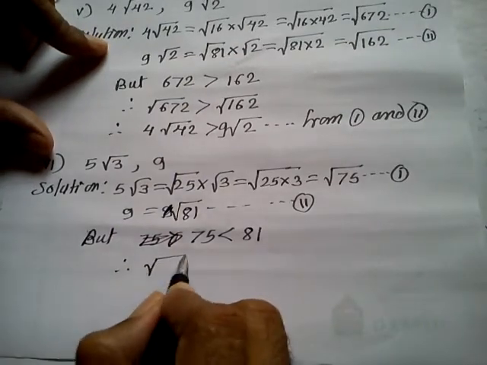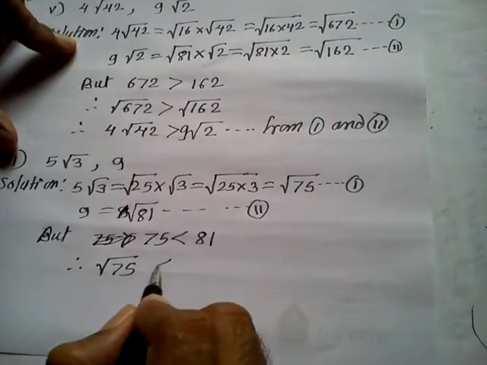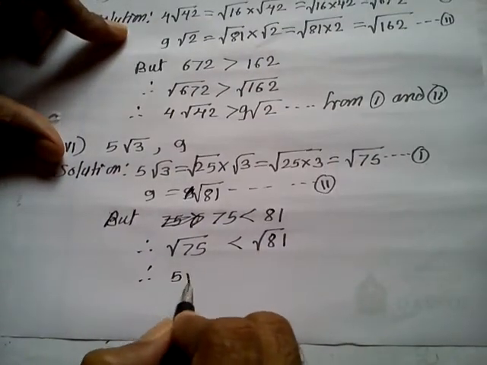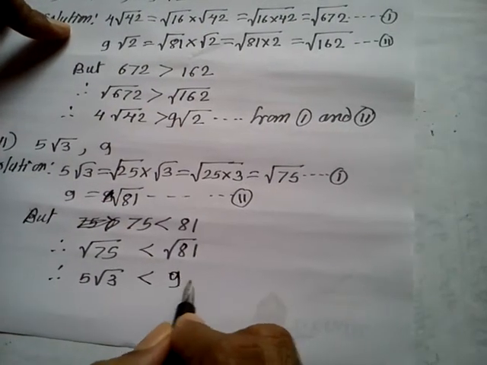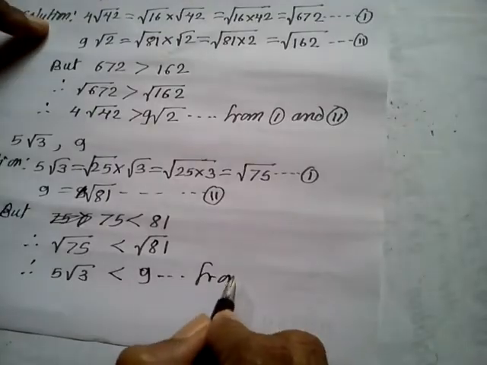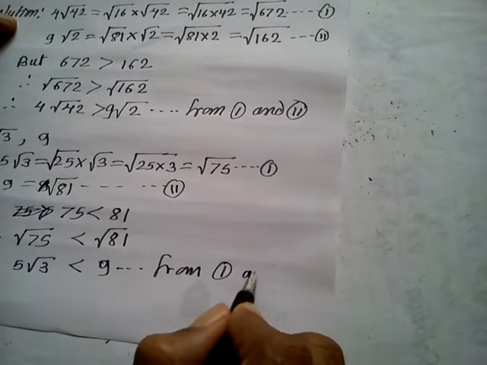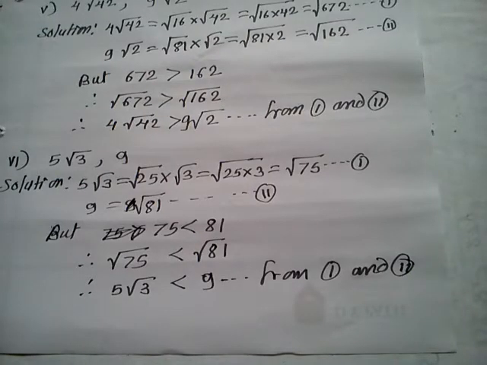Therefore root of 75 less than root of 81. Therefore 5 root 3 is less than 9 from 1 and 2.